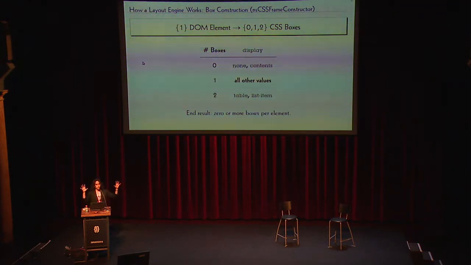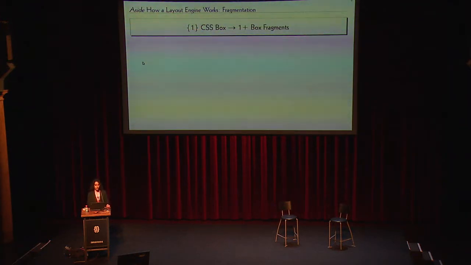And so then we have two trees that look kind of similar, but they're not exactly the same, and they correspond. As an aside, a CSS box can correspond to 1 or more box fragments. So when you line break, when you page break, when you break across columns, that box breaks into multiple pieces, and each of these pieces is called a fragment.